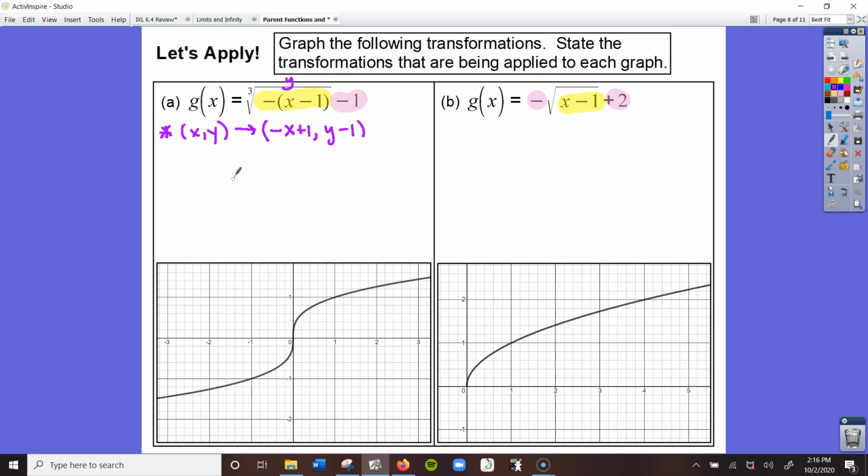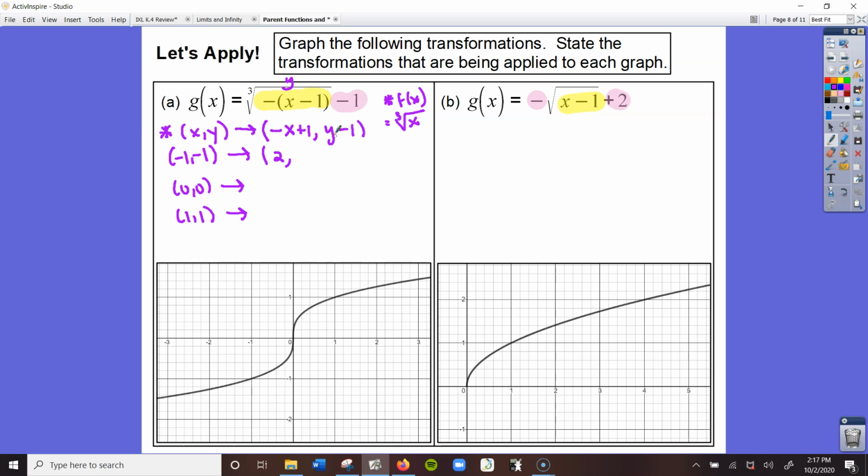Now we're ready to start plotting. This is my cube root function. That is your parent function. Meaning that the reference points, as you can see from the graph, are -1, -1, 0, 0, and 1, 1. And I'm going to plug them into the rule that I got. If I plug in -1 for the x, we have a negative already, and then times -1 makes it a positive 1, plus 1, 2.